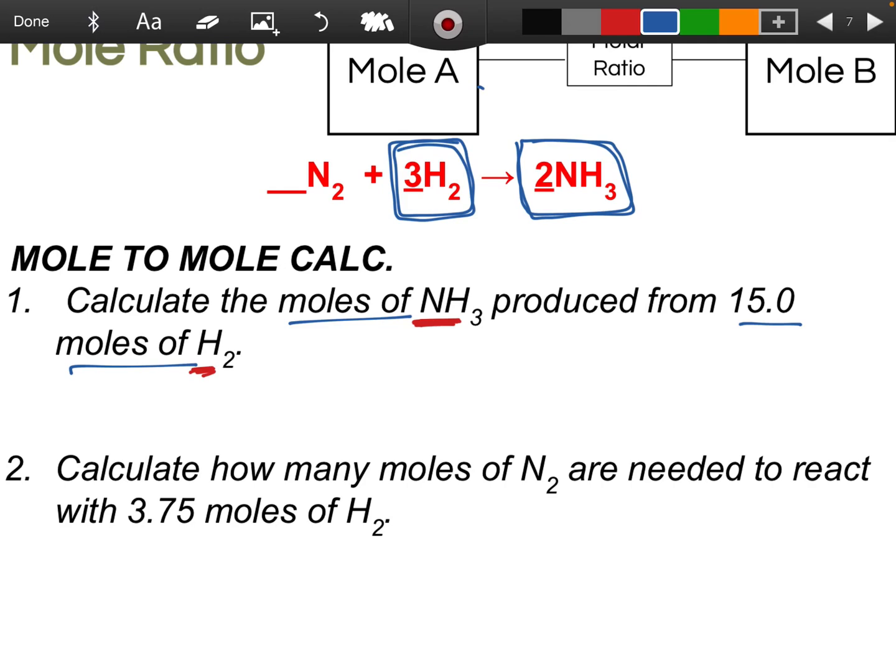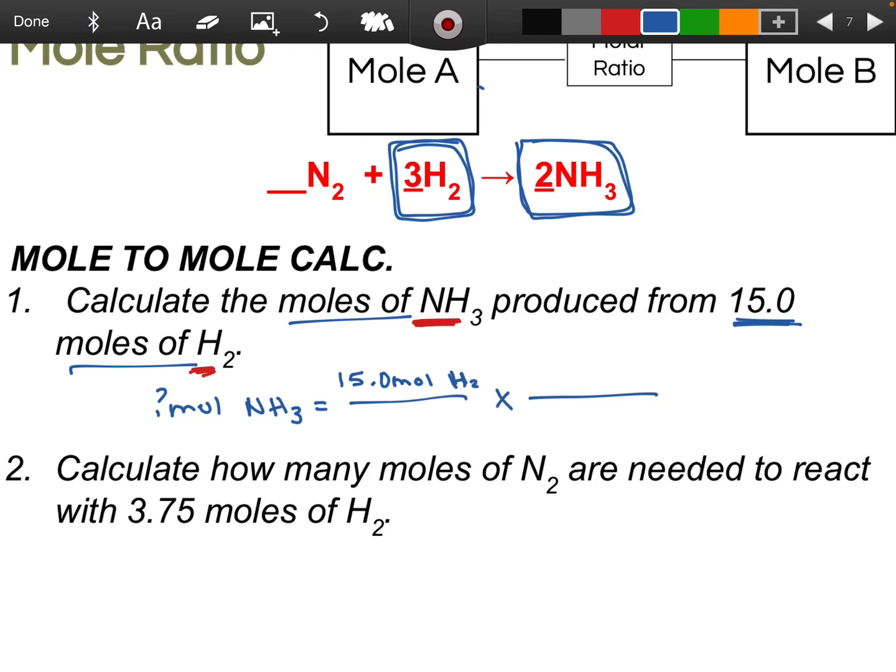So the setup is the same. We want to know how many moles of NH3 we need. And you always start with the number given in the problem. And make sure you label everything. So now we're going to label even the chemical that we need so we can make sure all the units cancel out appropriately.